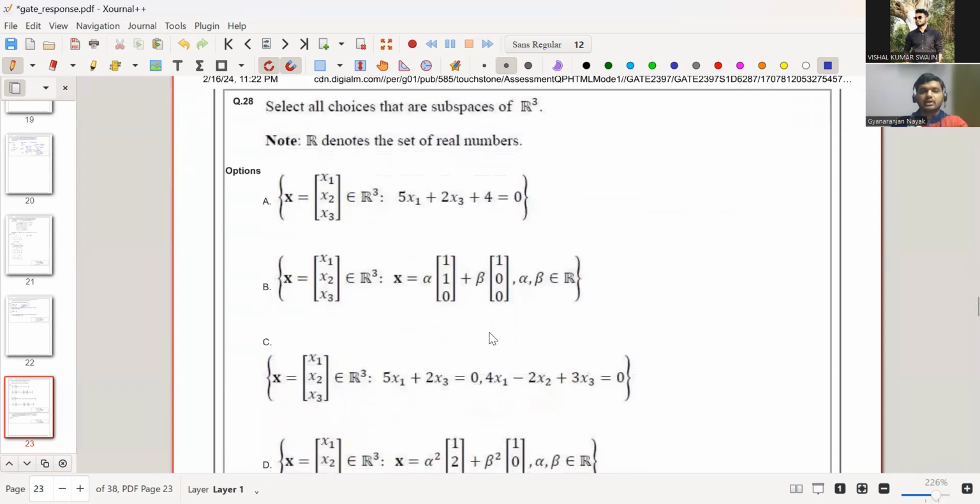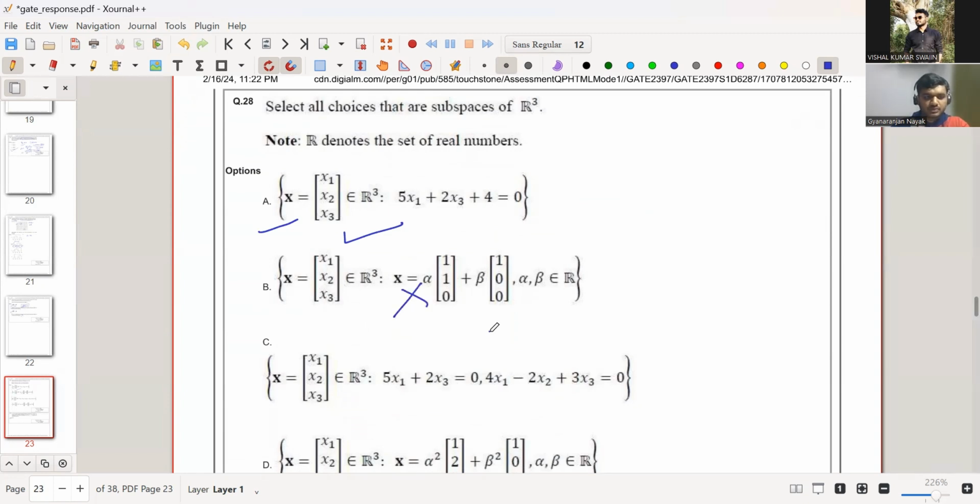28. Select all the choices that are subspaces of R3. Note, are they not the set of real numbers? So here the first option is also a spanning set of two linearly independent vectors of R3, so it will be a subspace of R3 of dimension 2. You notice option B, the given restriction is not homogeneous, so it will not be a subspace.